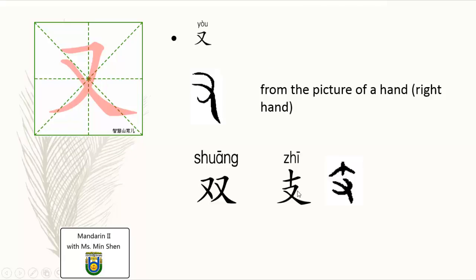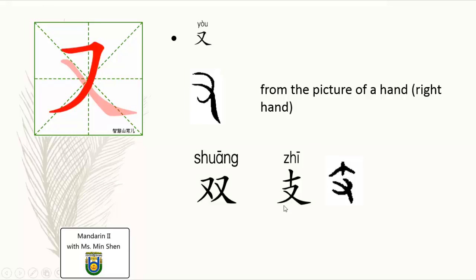And another combined character: you can see this is a hand, for sure, and above the hand, it's a cross. So look at the original character. It's a hand, and in the hand, this structure presents a branch, or maybe a hammer, or maybe an X. But generally in the hand there's something, so people may use a branch or a hammer to do something.